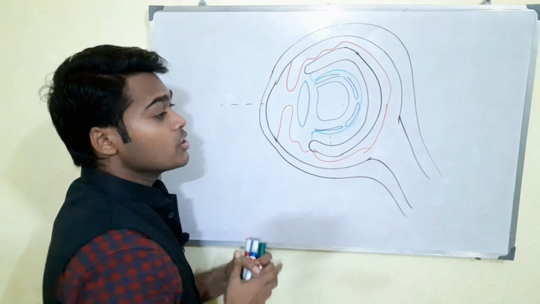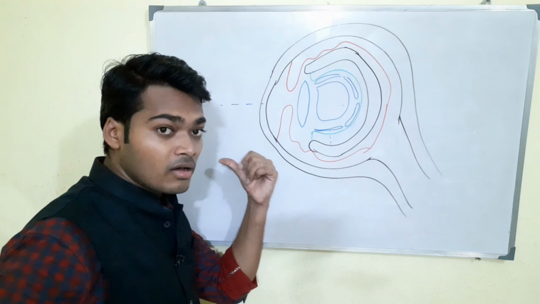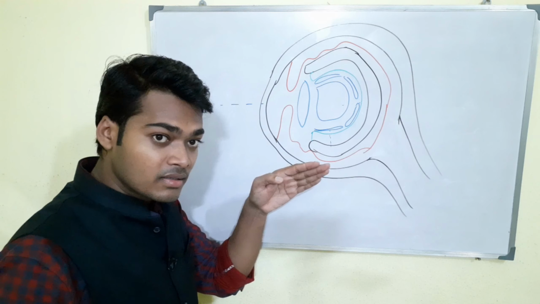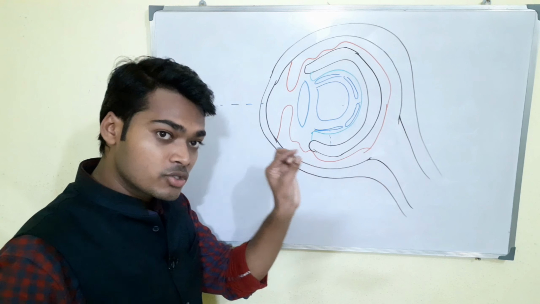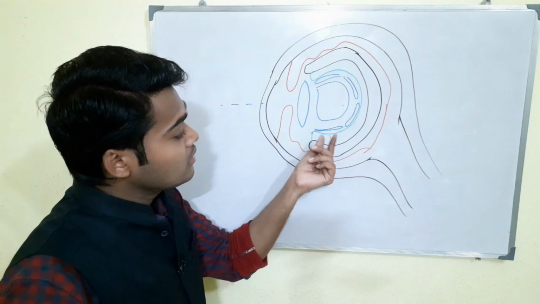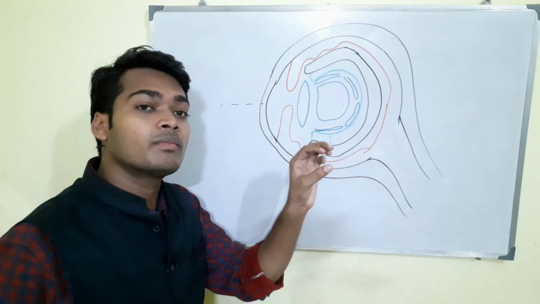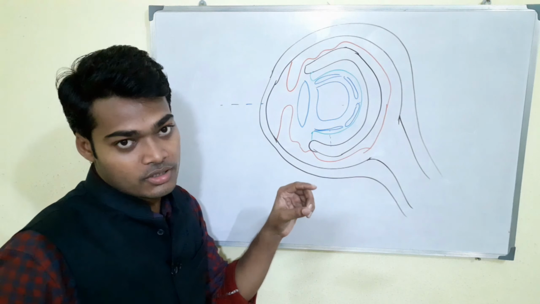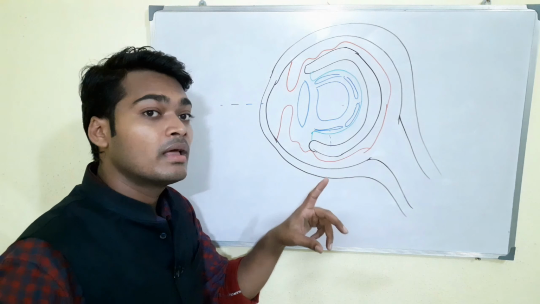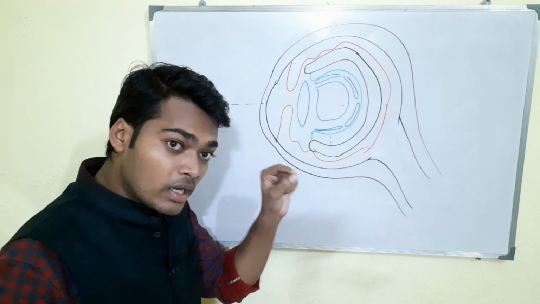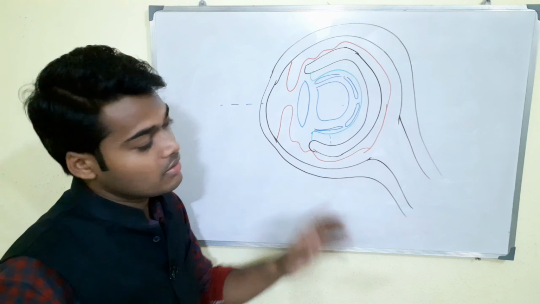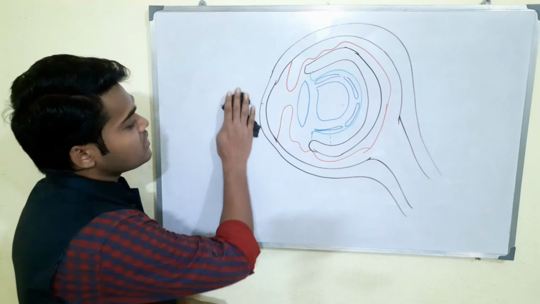In the central part each cone cell has a single bipolar cell, whereas multiple rod cells are connected to one bipolar cell, but at the center only one bipolar cell is responsible for connecting a single cone cell, right? So I think up to this the retinal part is clear.